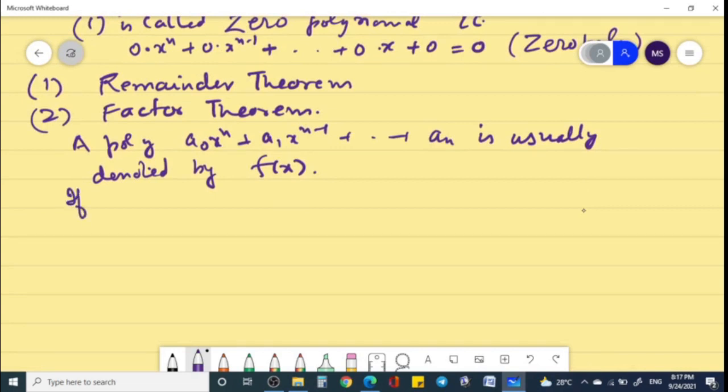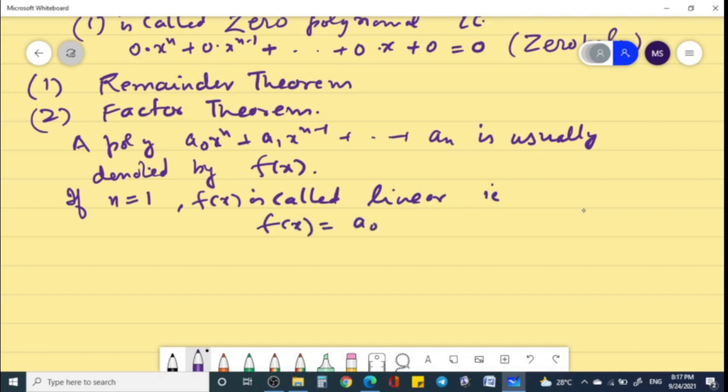If the degree n of f(x) is 1, f(x) is called linear, and it is of the type f(x) equals a naught x plus a1.